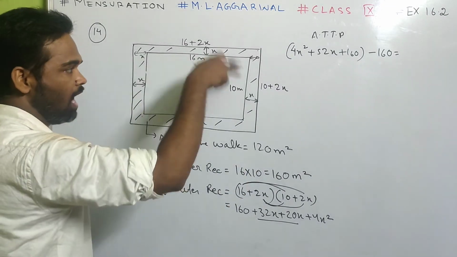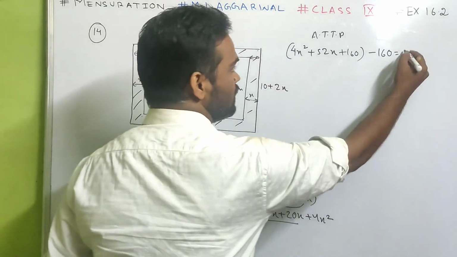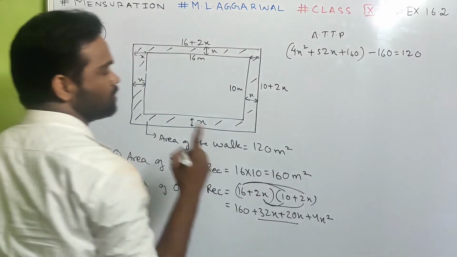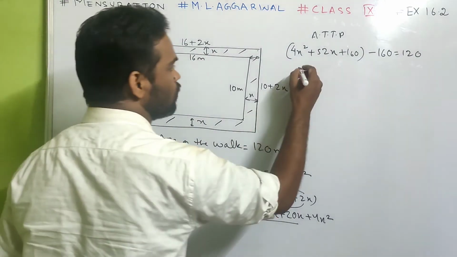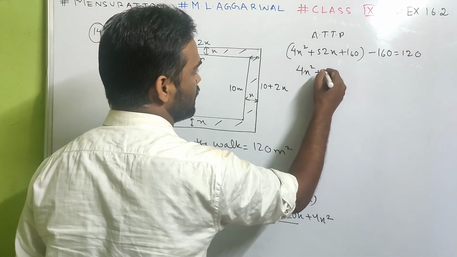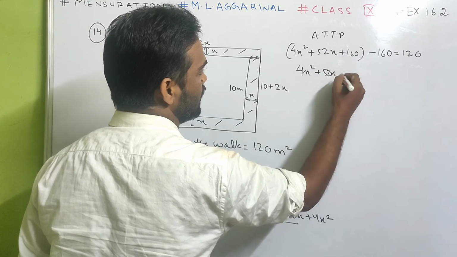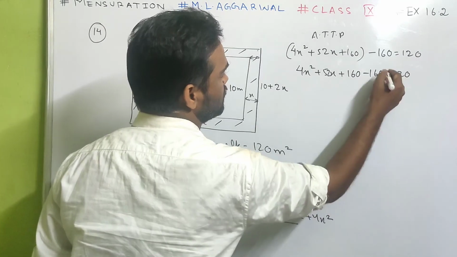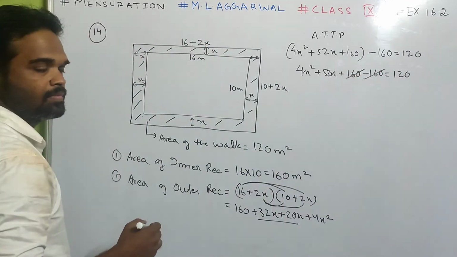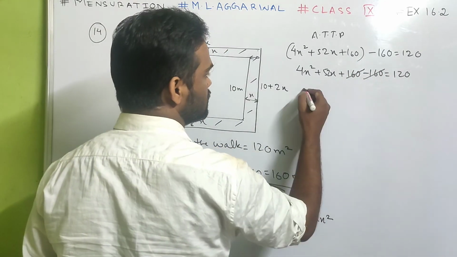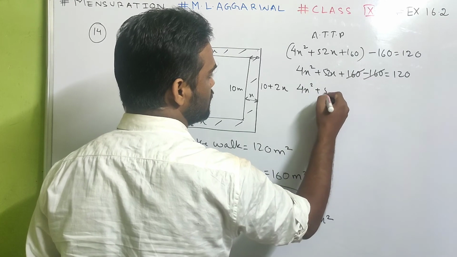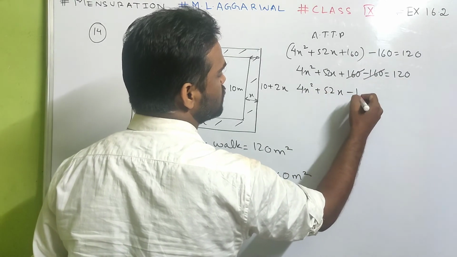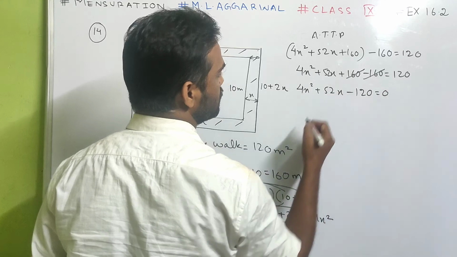Look carefully, outer minus inner, that is 120. So this is the equation. We'll just open the bracket. 4x square plus 52x plus 160 minus 160 equals 120. 160 cancels out. Bring 120 on this side, so 4x square plus 52x minus 120 equals 0.